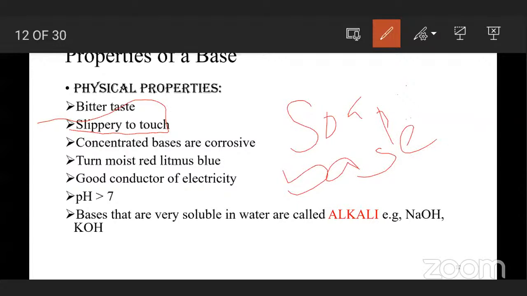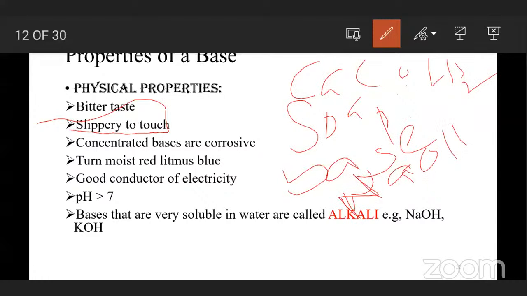Maybe they have used Ca(OH)2, or sodium hydroxide. This is a base. So you may observe that a base will have a slippery feeling, slippery to touch.